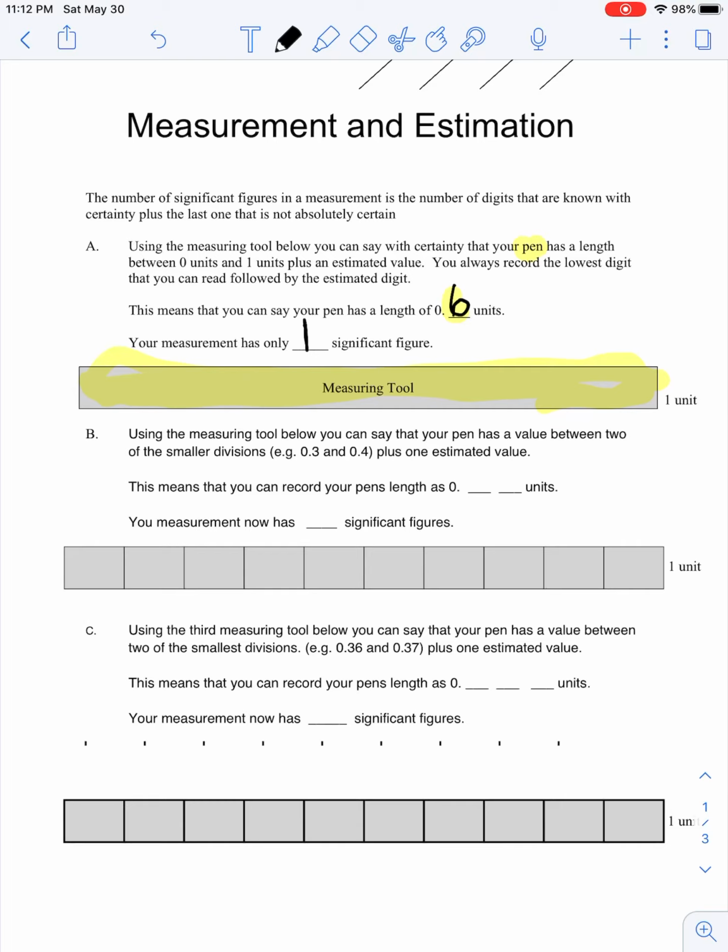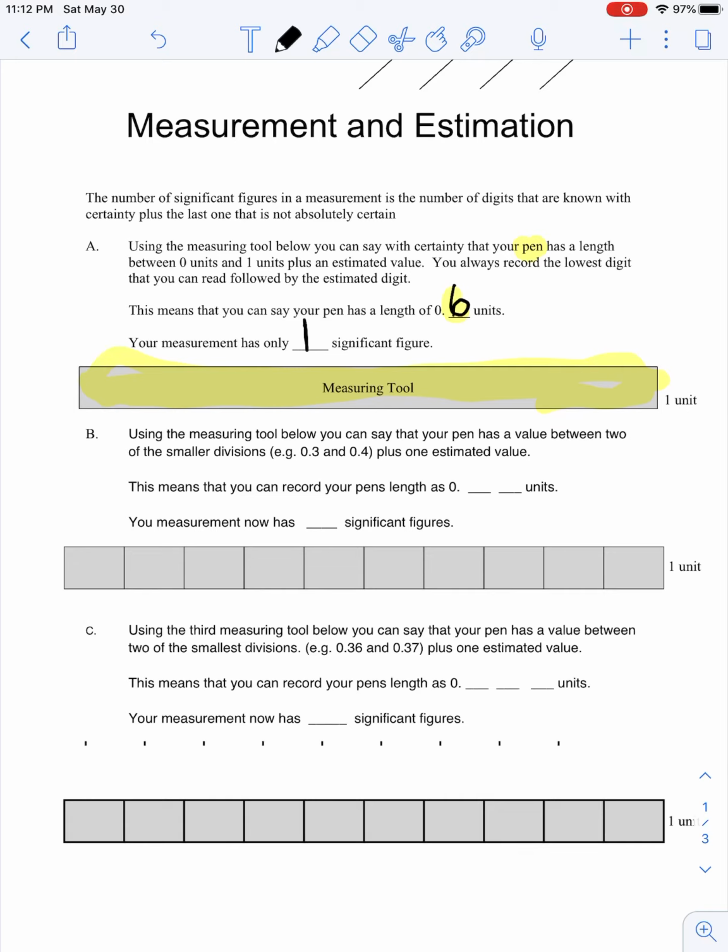Okay, and then if we change our measuring tool and give it a little more accuracy, now I can be a little more accurate with my measurement, but I'm still going to be doing some estimates. So I'm going to lay my pinky finger along here and count 2, 3, 4, 5, 6. I'm going to say my knuckle is landing right halfway between the 6th and 7th line.